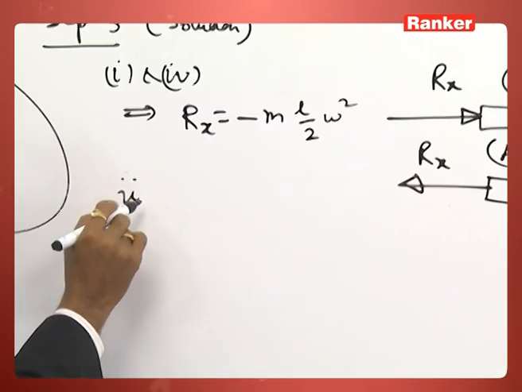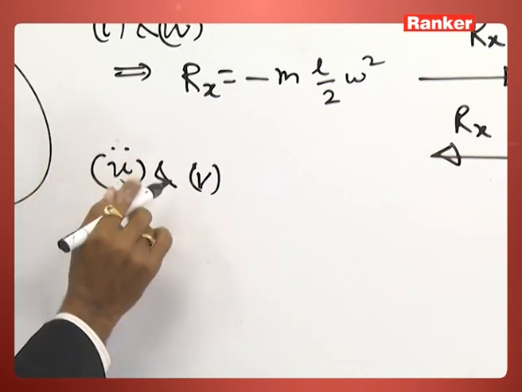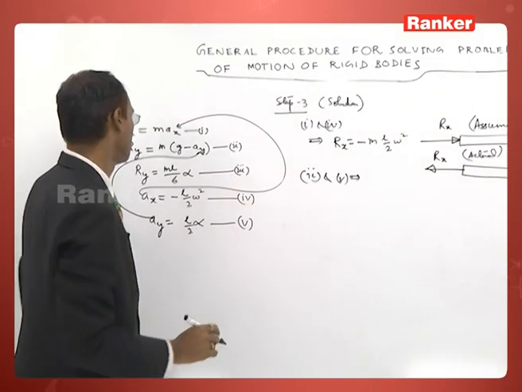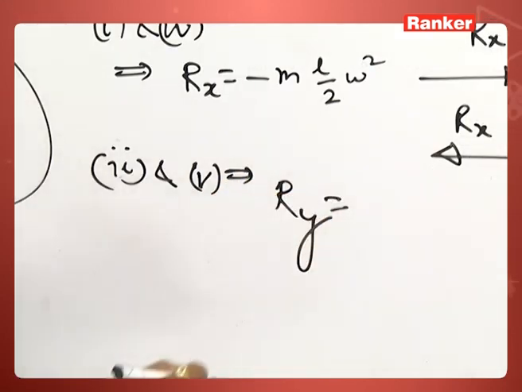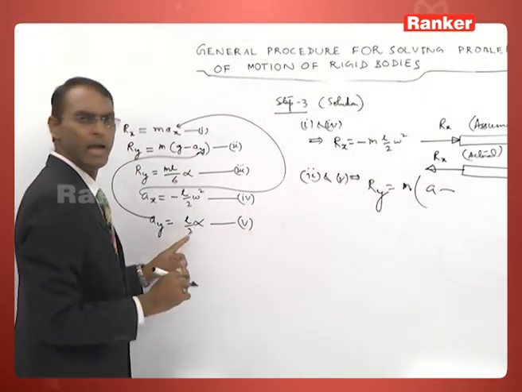Equations 2 and 5 give us Ry is equal to m a minus Ay. What is Ay? L by 2 into alpha.